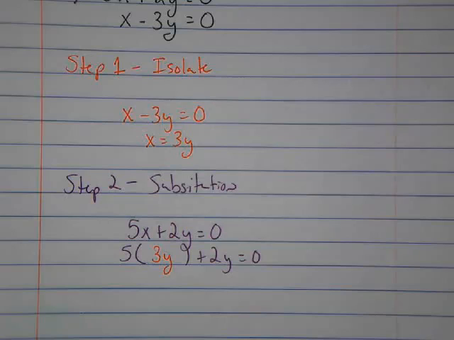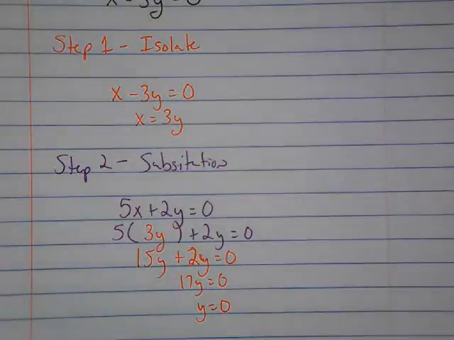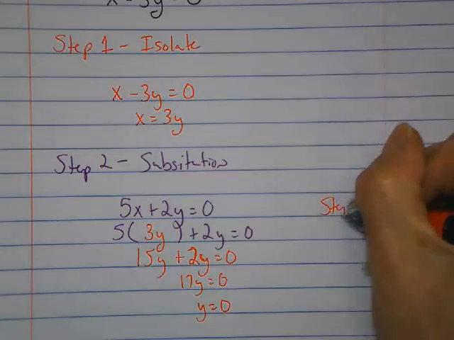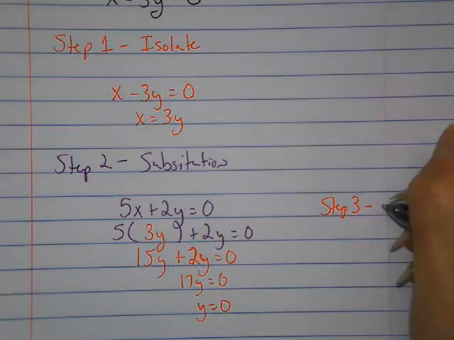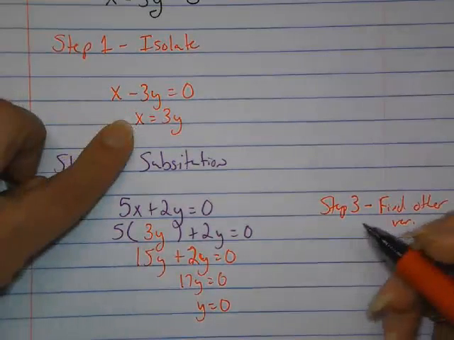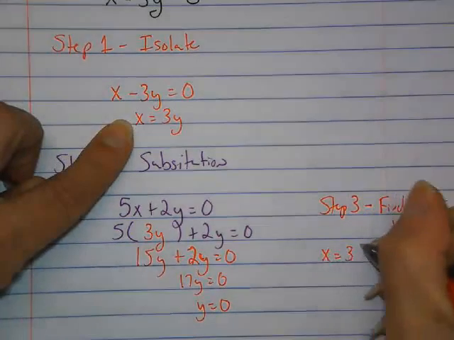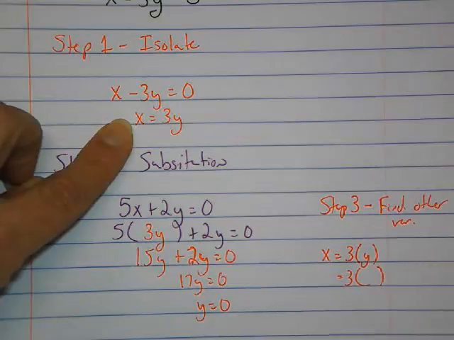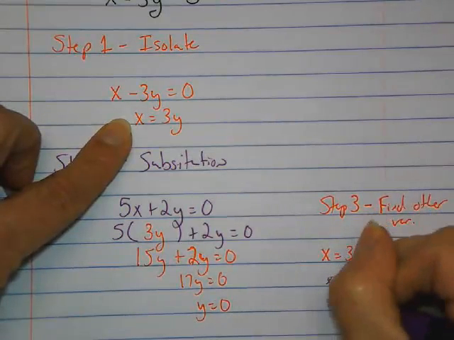Alright. So I have my answer. If you're not ready yet, hit pause. I get that y is 0. So last step, step 3, find the missing variable. So find other variable. So I'm going to go back to this equation that x is equal to 3y, and I know y is 0, therefore x is 0.